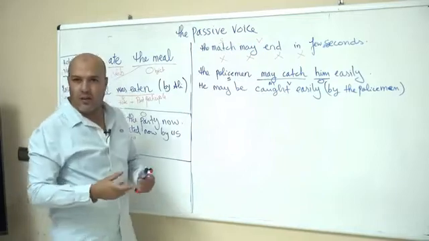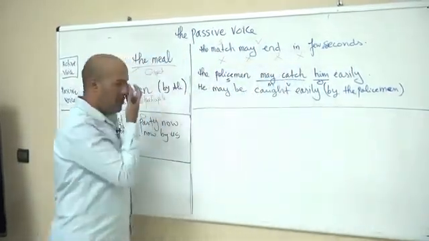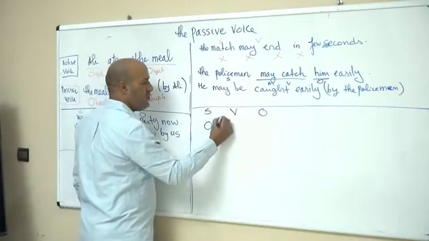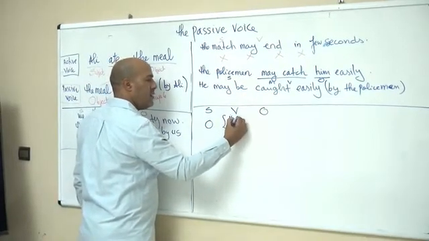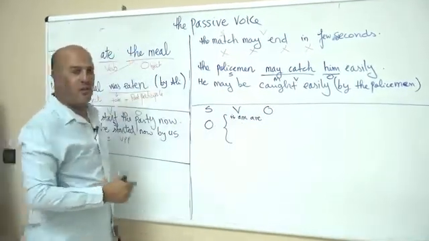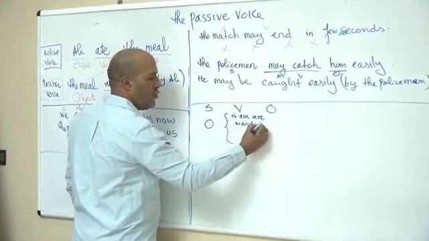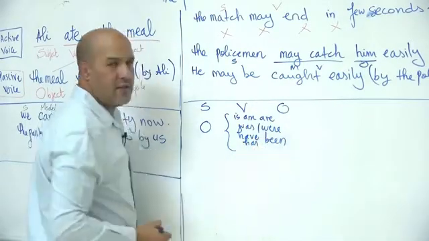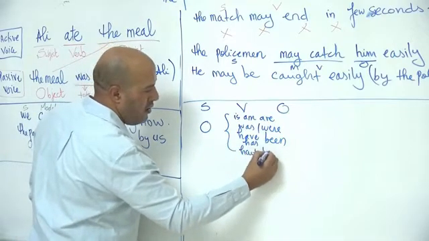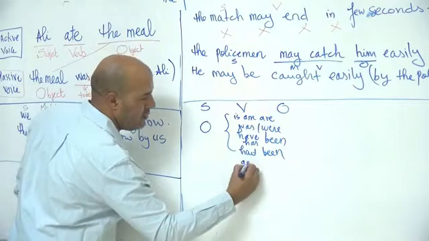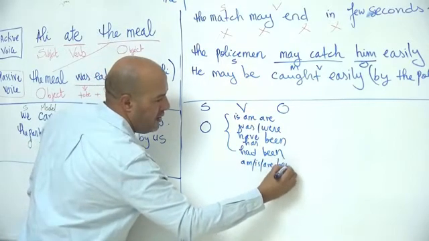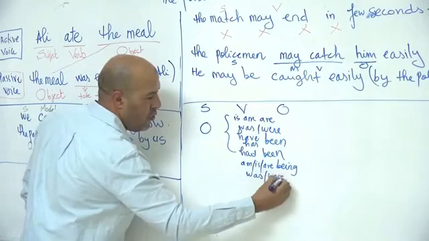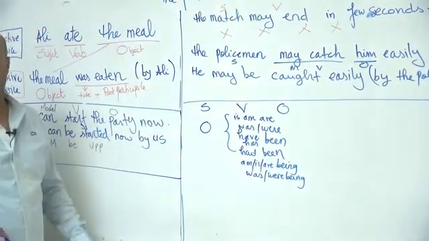So now, because of time, I'll do a quick revision. I'll write it. As I said, when we have a subject, the verb, and an object, and we want to change it to the passive voice, it's the object, and then the verb to be: is or are in the present, was or were in the past, have or has been as present perfect, had been as past perfect, is or are being if we have the verb in the present continuous, was or were being if we have the verb in the past continuous.